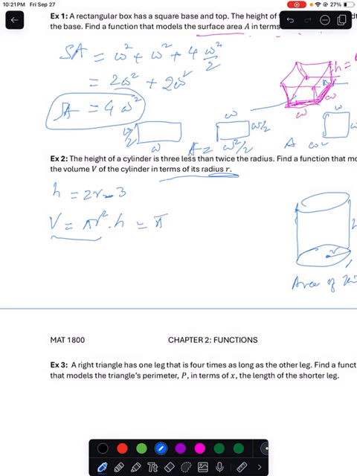So everything is in r now. We distribute to get 2 pi r cube minus 3 pi r square. So that is the model.